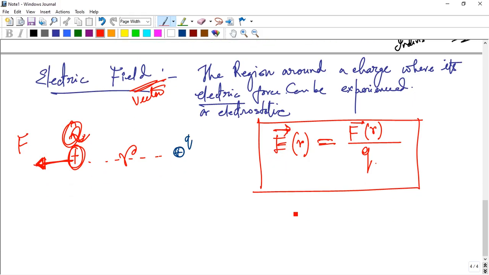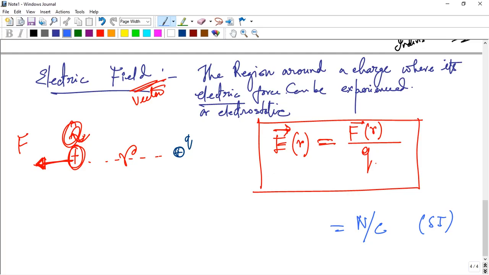What is the SI unit of the electric field? Very easy: Newton per Coulomb, and it is a vector quantity. So what is the electric field due to a point charge?